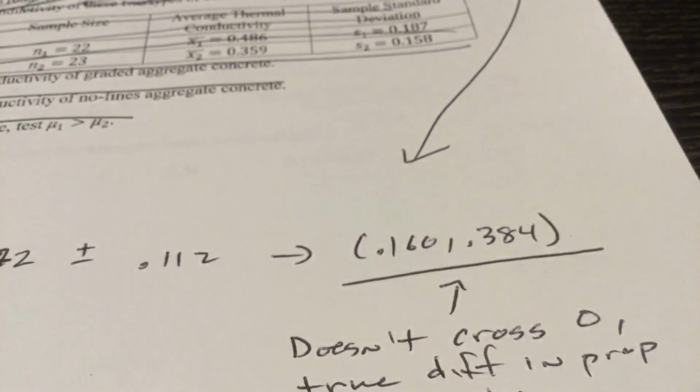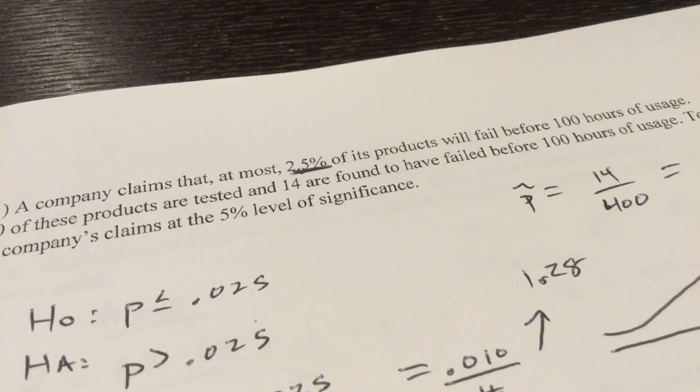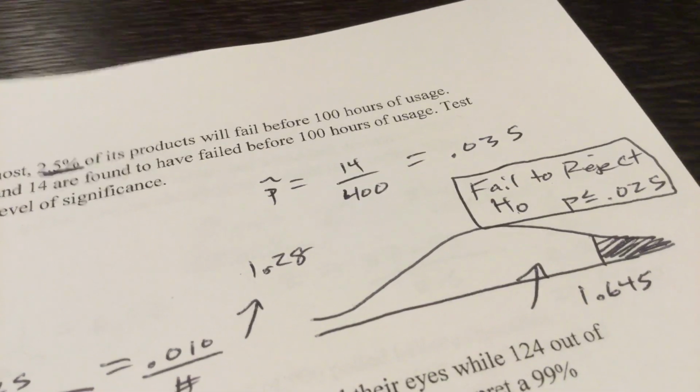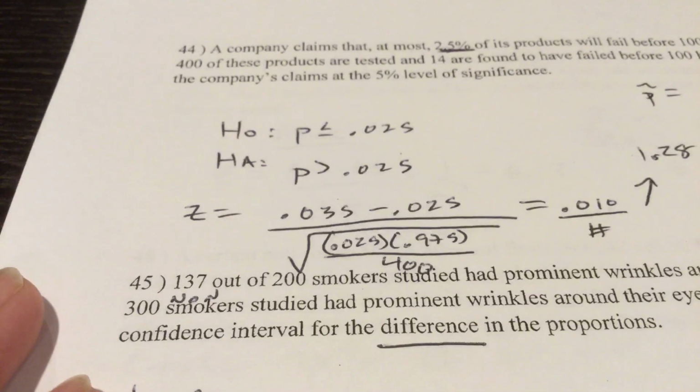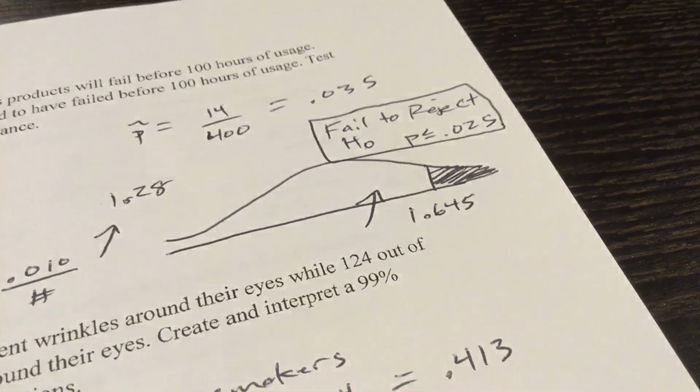All right. I like to try to keep going here. I want to do 44 and 45 on this next page. At most is less than or equal to 0.025, which is 2.5%. 14 out of 400 would give you a p-hat of 0.035. Right-tailed test. At most is less than or equal to. The opposite of that is greater than.